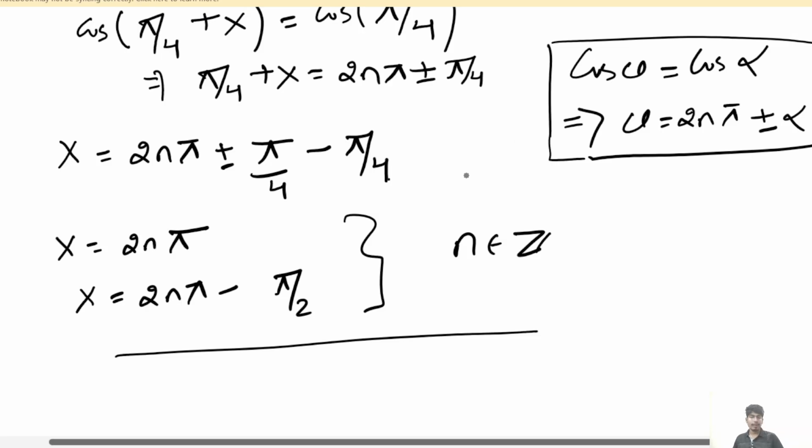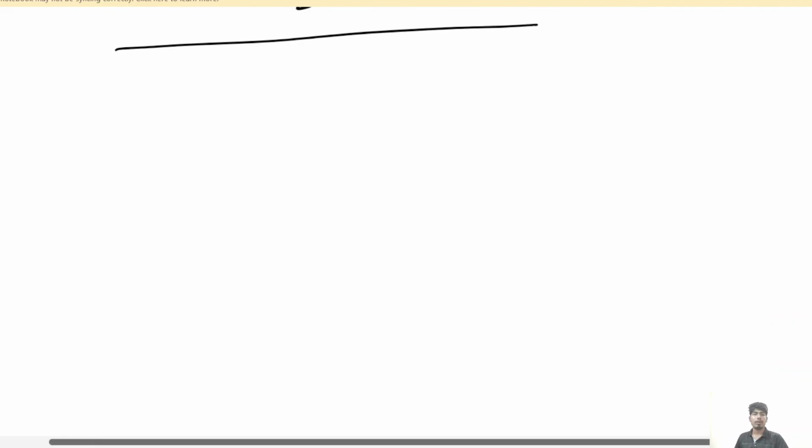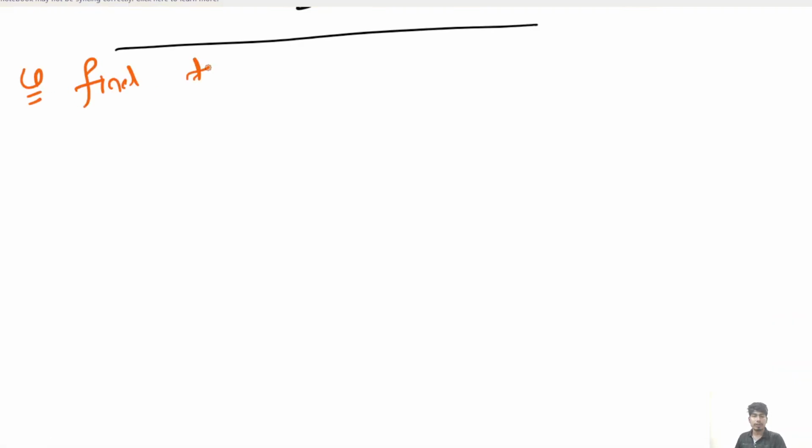Then our next question is to find the general solution of sec x + tan x = √3. Students, convert secant and tangent into cos and sine.